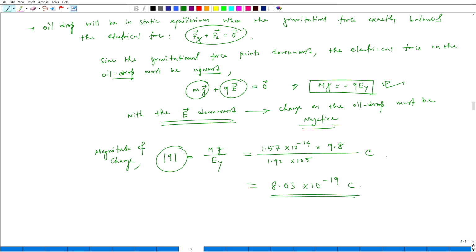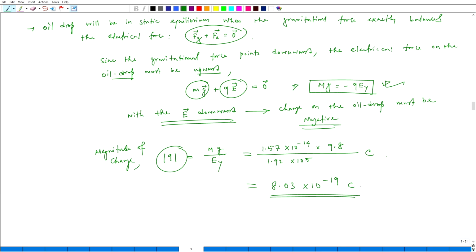Now we know that the charge of a body is a multiple of the basic unit of charge, which is the charge of an electron.